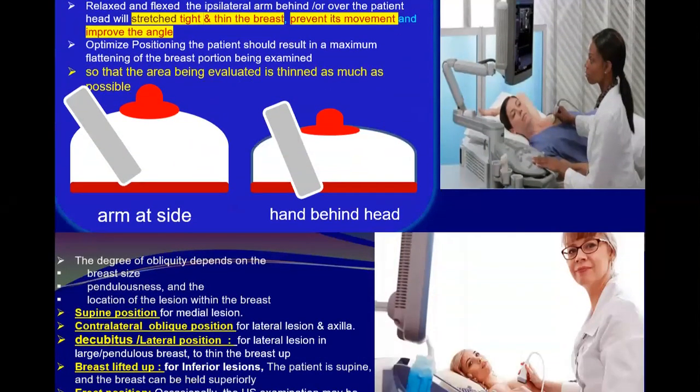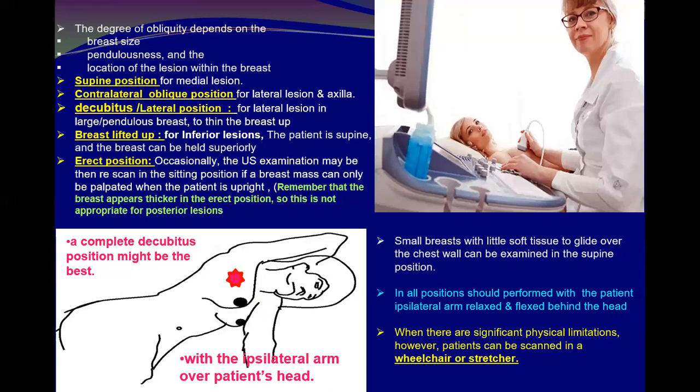The positioning or the degree of obliquity of the patient depends on the breast size and how pendulous the breast is, as well as the location of the lesion. If the breast is small, having little tissue, it will glide over the chest wall.